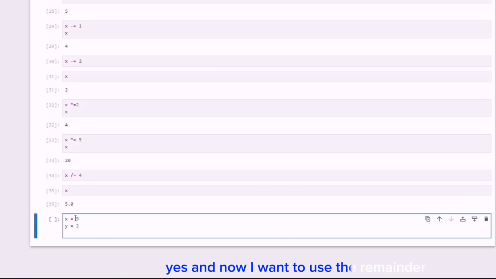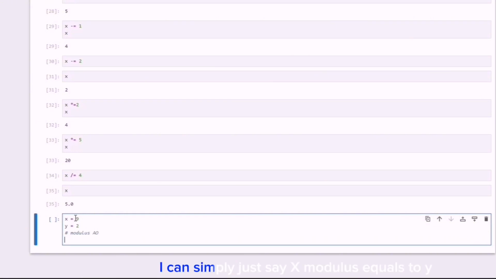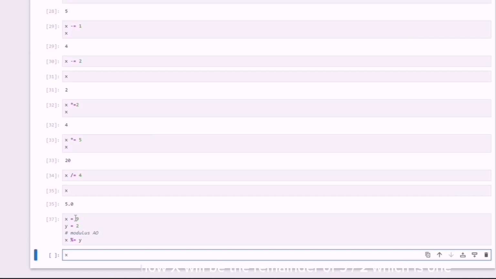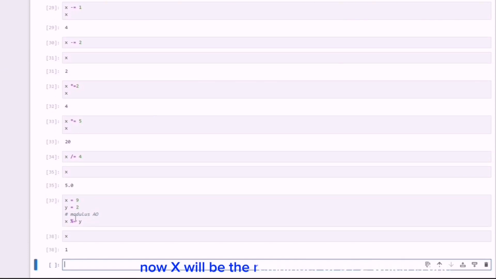Now I want to use the remainder assignment operator, the modulus assignment operator. I can simply say x modulus equals to y. And if I do this and print x now, x will be the remainder of 9 divided by 2, which is 1.